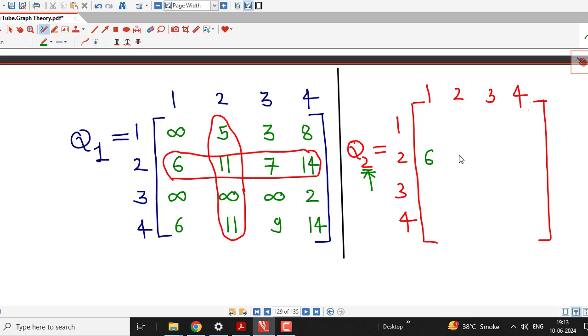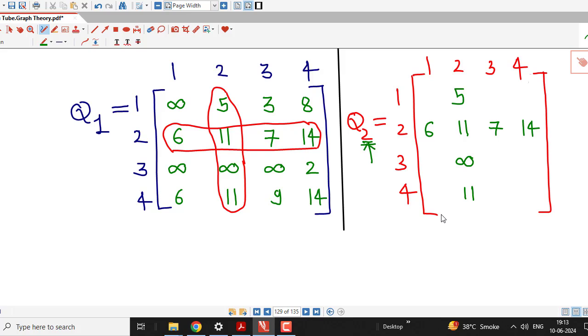So let me first write 6, 11, 7 and 14, and the second column is 5, 11, infinity and 11, and the rest of the entries will be written by using that formula.